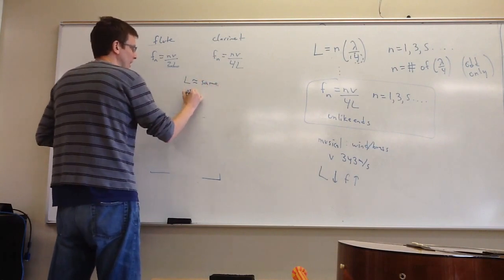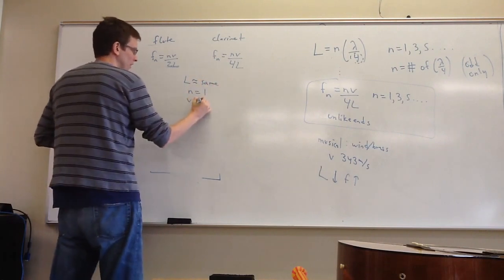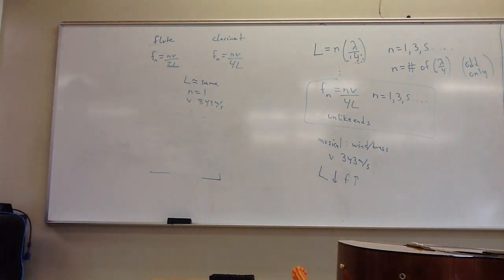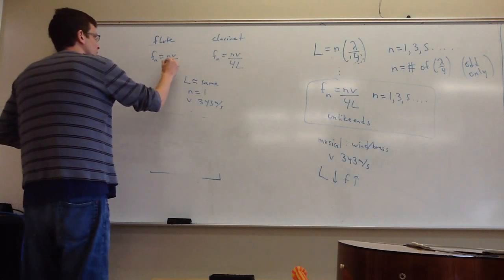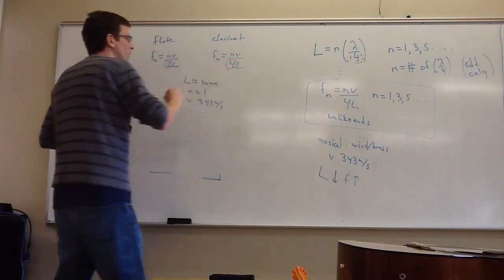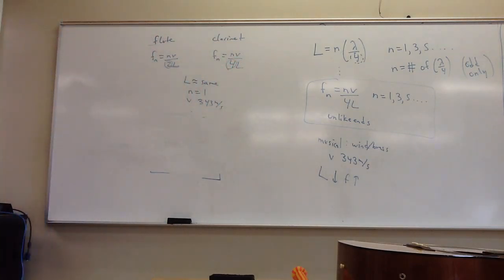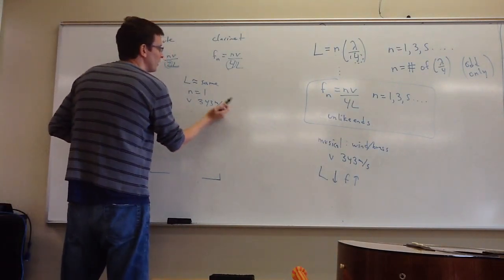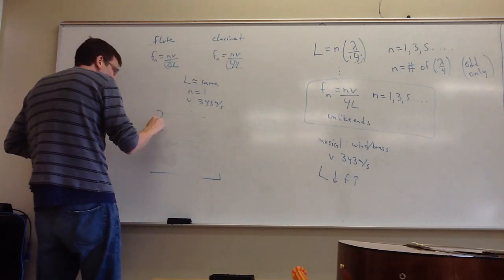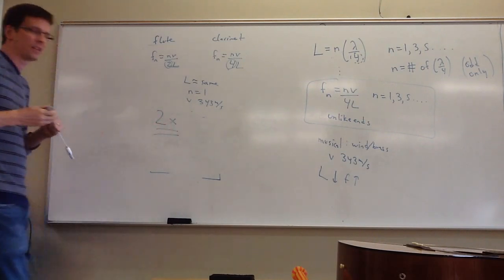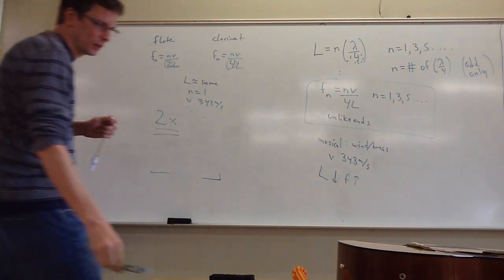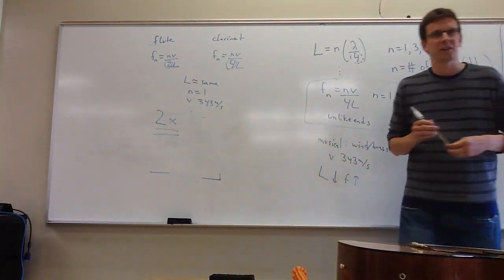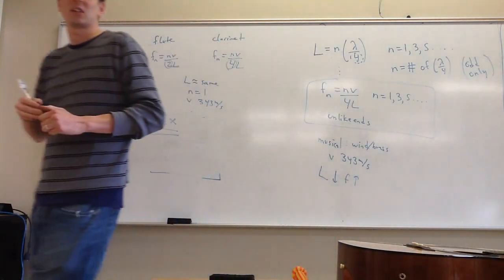Let me take a look at n equals 1 for both of them. Of course, V is the same for both of them. So the only difference is the factor of 2 and the factor of 4. What it tells us is that the flute has about 2 times the frequency of the clarinet. So this explains why a flute sounds much higher than a clarinet. It's simply because of the construction.